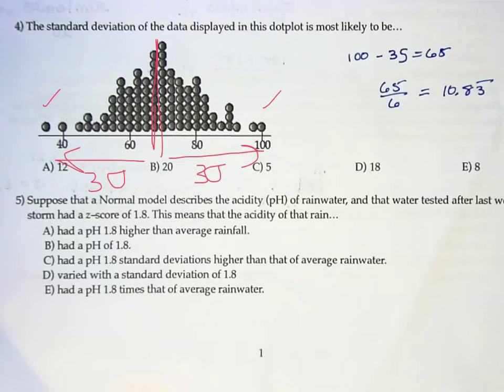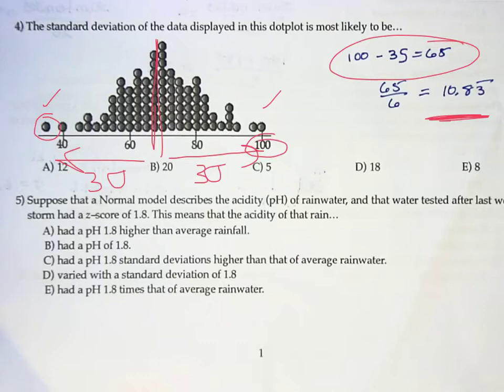So if I take 100, the highest, subtract the lowest of about 35, I'm going to get 65. That 65 unit span should cover 6 standard deviations, meaning that each one should be about 10.83. The closest answer here to that was 12.